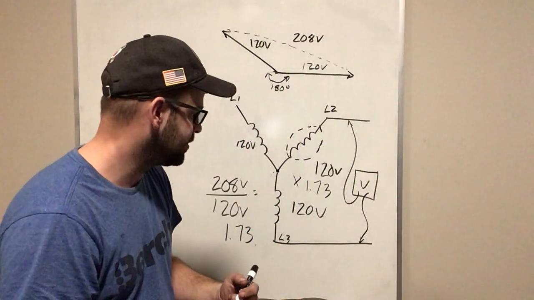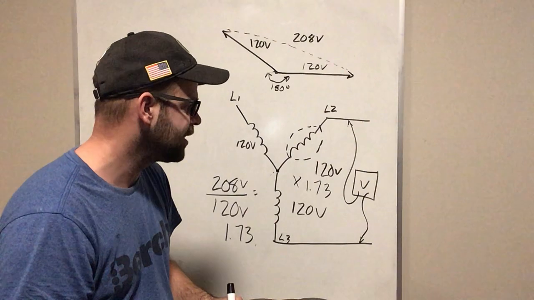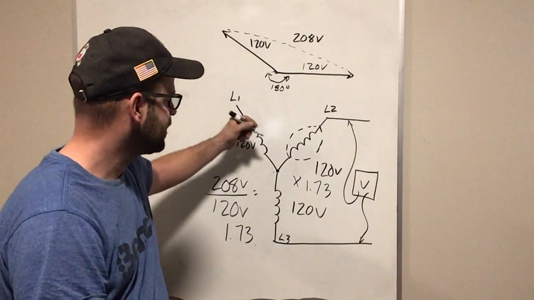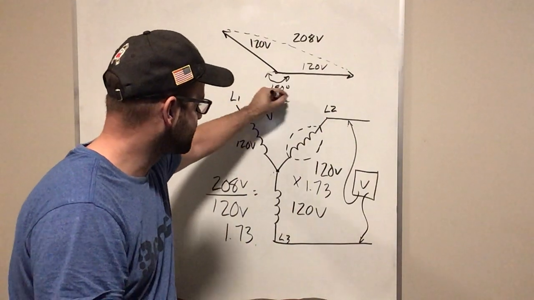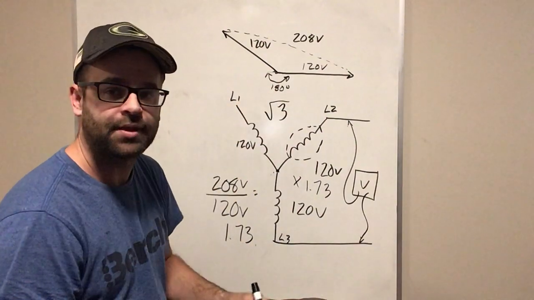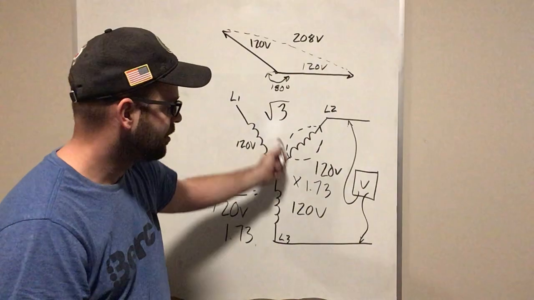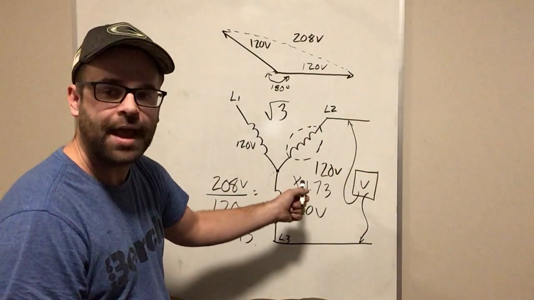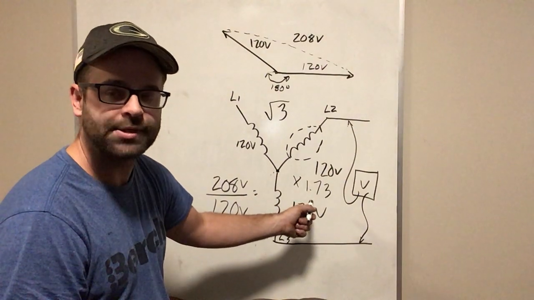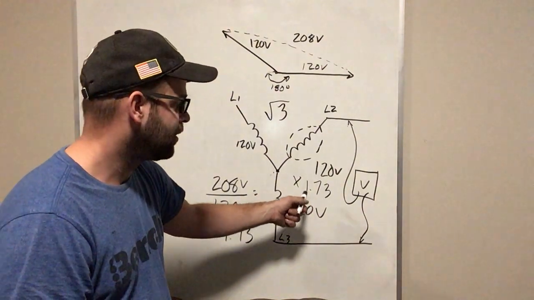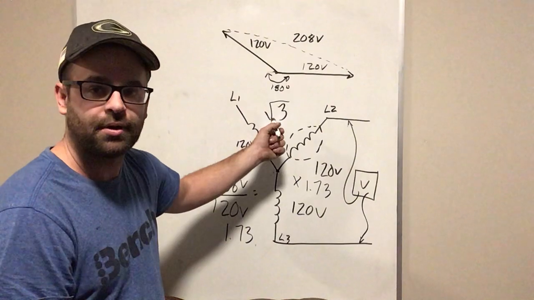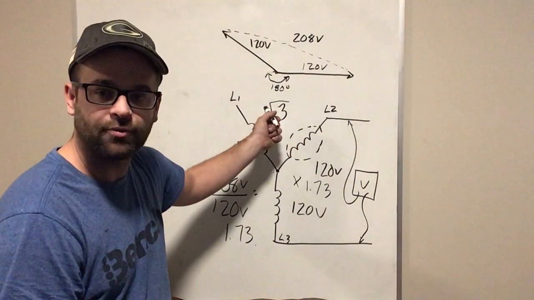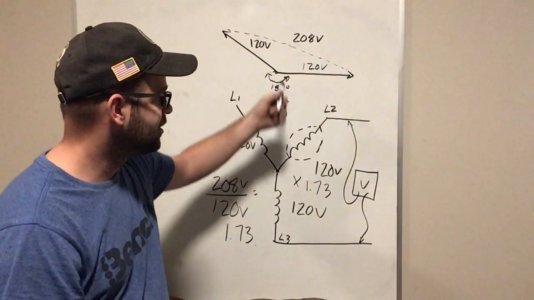The other thing that you can do is that if I take the square root of 3, the square root of 3 will also give you that value. So rather than having to think about 1.73 all the time, if you just remember to use that value of root 3, and we'll end up using this in our formulas, you can also get 208.